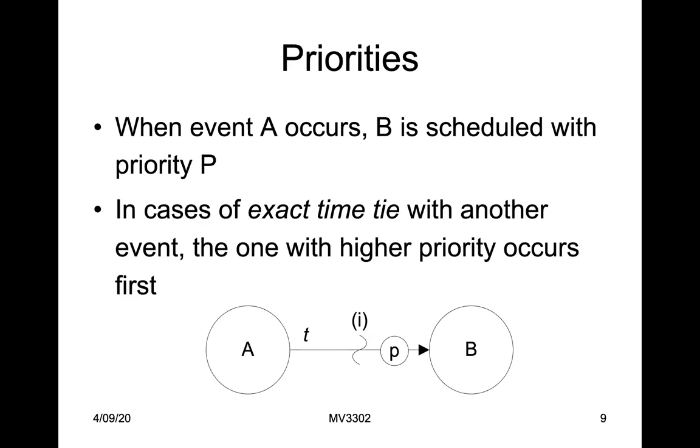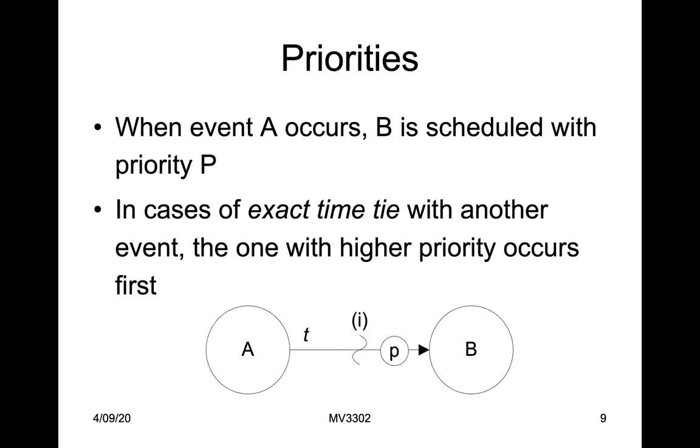So far in all the models that we have, it isn't really necessary yet, but occasionally it comes up. As you may have noticed, it is possible to have a sequence of events that doesn't advance time at all. In other words, you can have a sequence of events that are occurring with zero time in between.